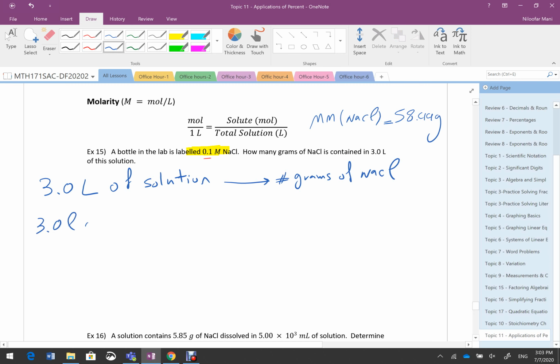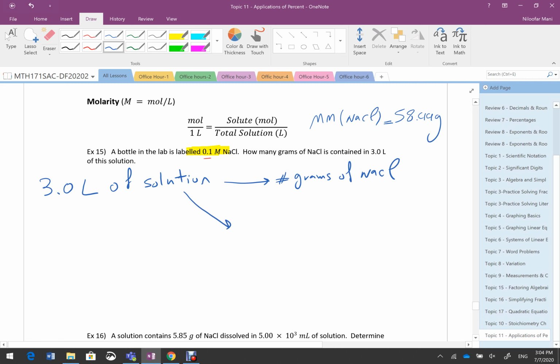Okay, so 3.0 liters of solution multiplied. What do I want to do? I want to go to grams. How can I go to grams? Maybe when I have molarity, first I can go to moles, and then from moles I can use molar mass to go to what I need, grams.